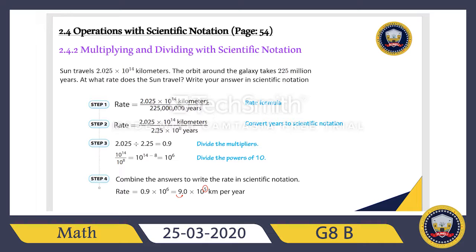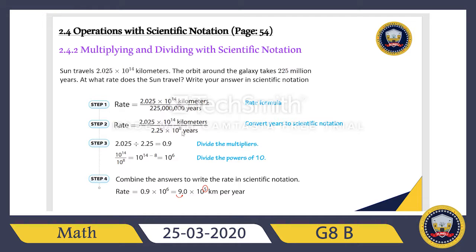Now, in the second step, I'm going to convert the years number here, which is written in standard notation, to scientific notation. So I'm going to move my decimal point to the left until here, this place. So it should be 2.25 times 10 to the power of 8. Why? Because I moved my decimal point 8 places.